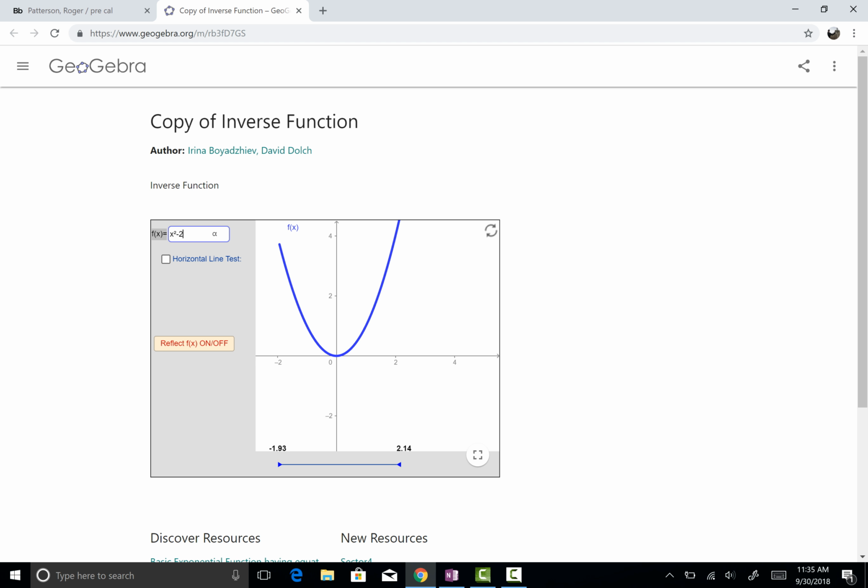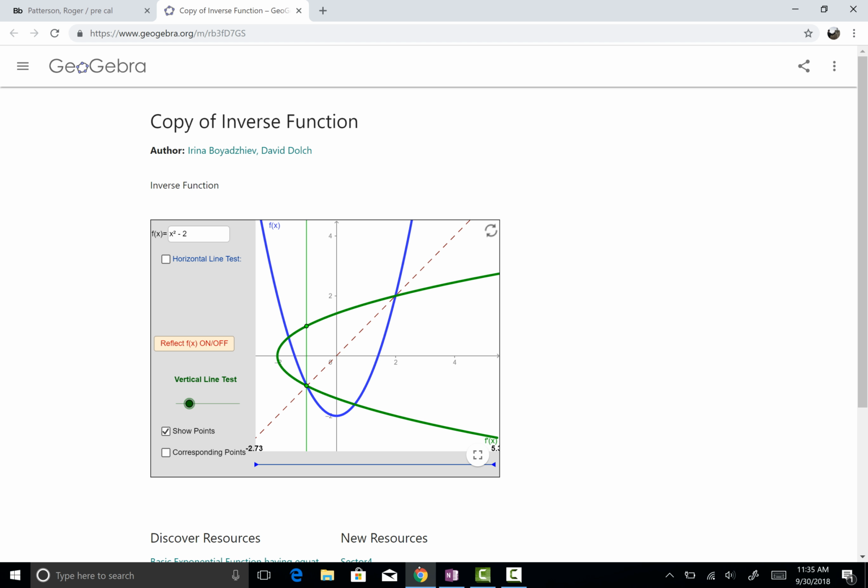There we go. Reflect. There we go. Maybe I can grab this now. No, it's still not letting me grab it very well. I don't know why. Hopefully you're able to move it.